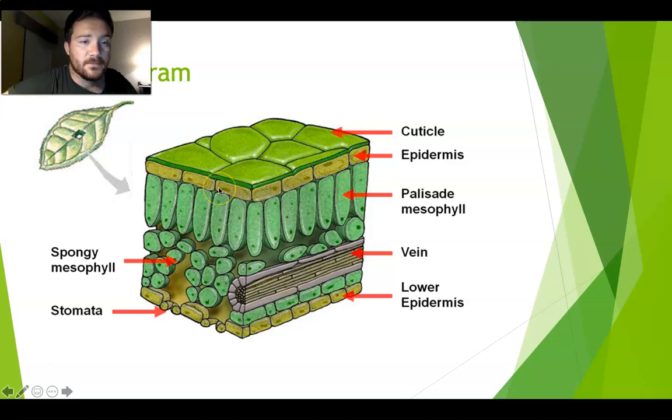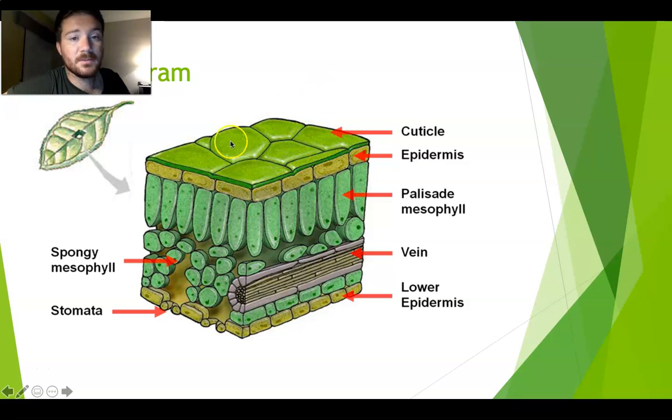The leaf is very thin, right? But there's a lot that's going on underneath the thin layer of the leaf. You take a little cross section, and here's what you're going to see in the leaf. First, you're going to see the cuticle. The cuticle is a waxy layer on top of the leaf that protects the leaf from a whole host of things.